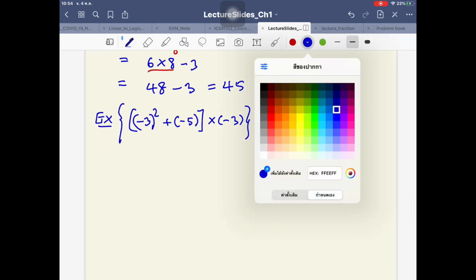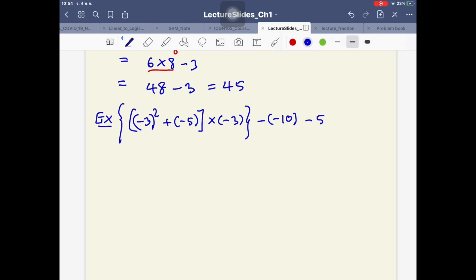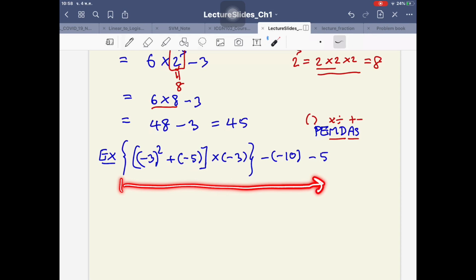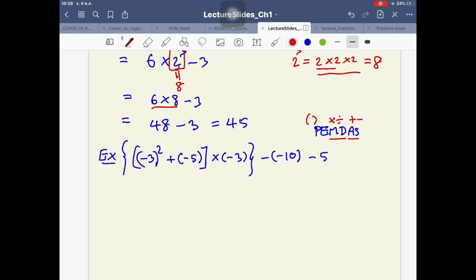So here again we just follow the rule of PEMDAS: parentheses, and then the exponent, multiply or divide, addition or subtraction. For this problem, if you read from left to right, first you see the curly braces.